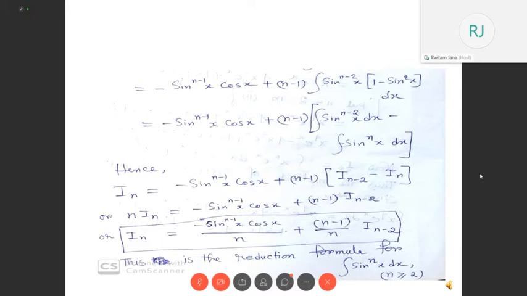Now you already considered the integral of sine to the power n x dx as I suffix n.